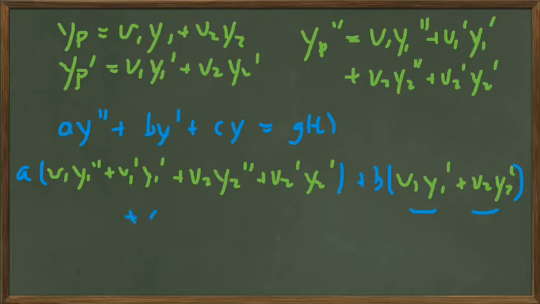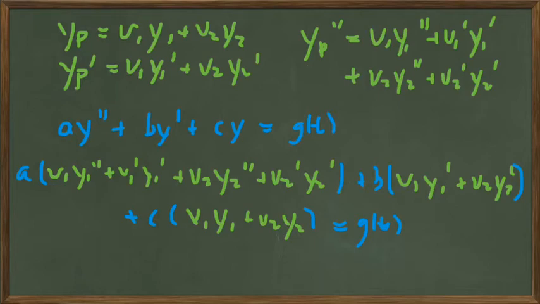And then finally we have c times the original yp, v1 y1 plus v2 y2. And that all equals g of t.